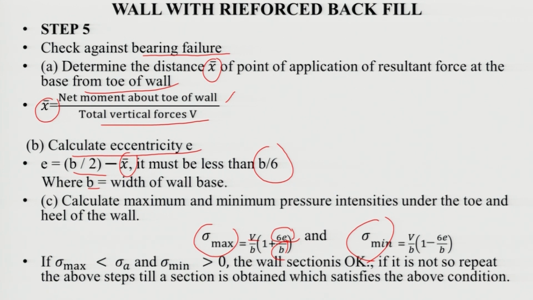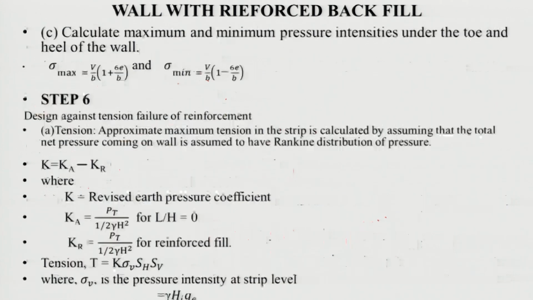So by this formula we can calculate the maximum and minimum pressure intensity. Now if sigma max is less than sigma A and sigma minimum is more than 0, the wall section is OK. If it is not, repeat the above step till a section is obtained which satisfies the above conditions.